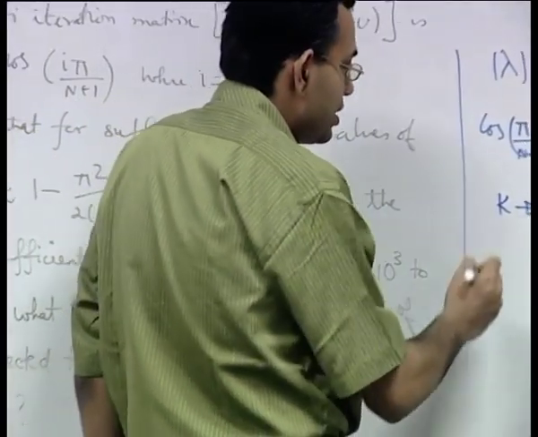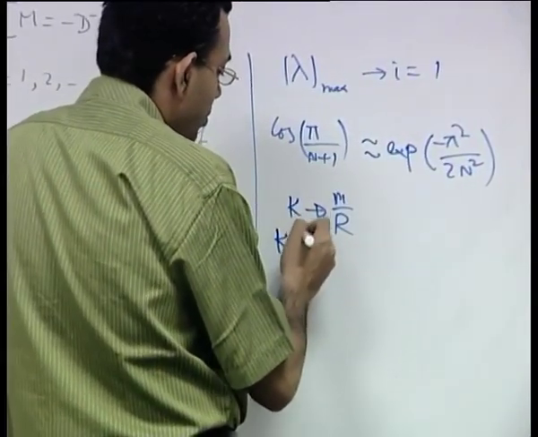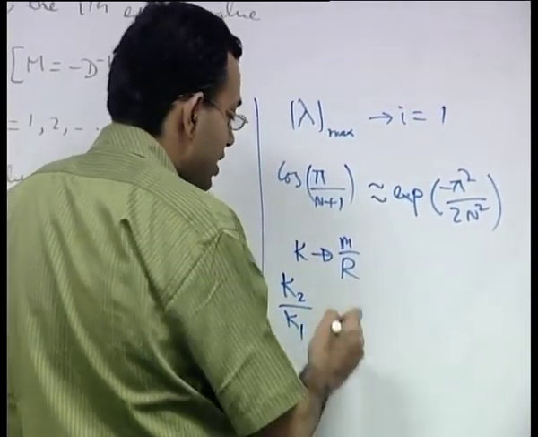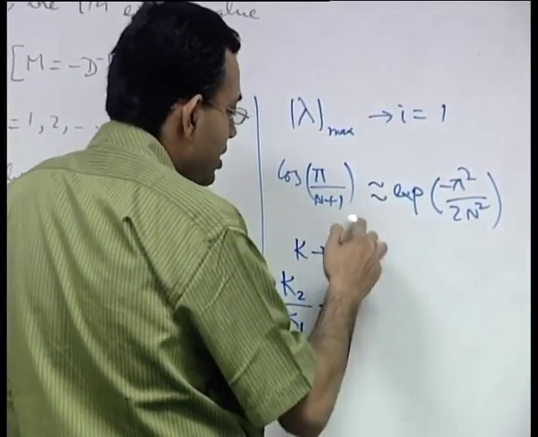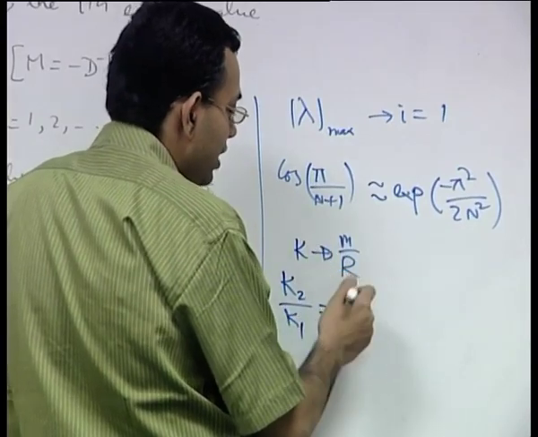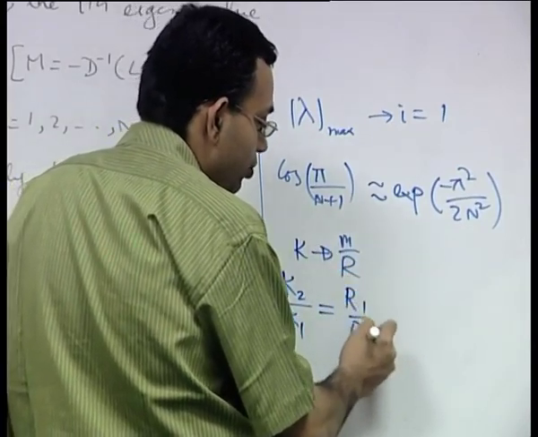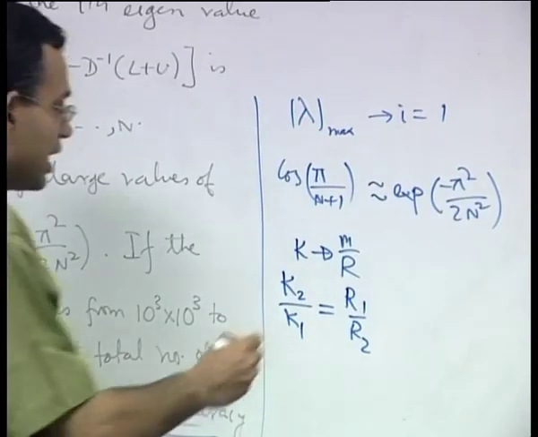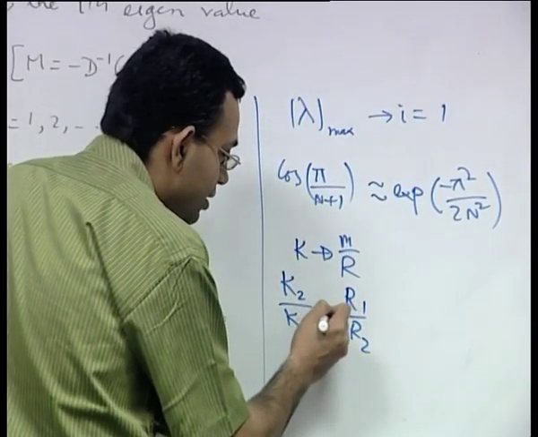That means the number of iterations k2 by k1 for the two cases will be inversely proportional to r, that is it will become r1 by r2, where r is the rate of convergence. Remember, this is not exactly equal, this is just an estimate.